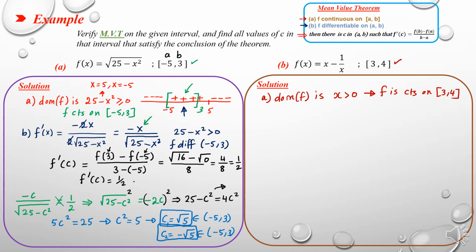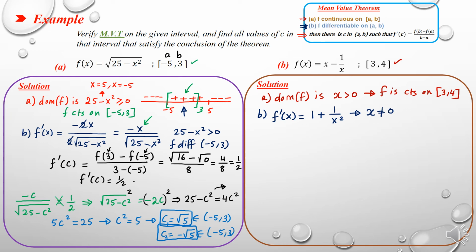For the second condition, you have to find f prime to check if the function is differentiable on the open interval or not. So you have to find f prime of x, and f prime of x equals 1 plus 1 over x squared. And f prime is defined when x is not equal to 0.